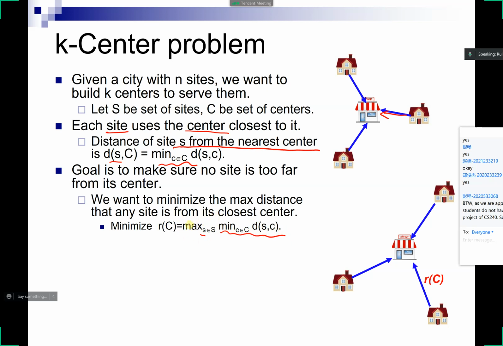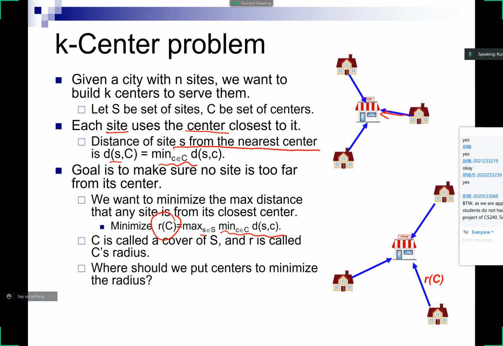So you maximize over all of the sites this quantity over here, and we're going to call this quantity the radius of all of these centers. We want to minimize the radius. Is that clear? We need to figure out where to put the centers to minimize the radius.